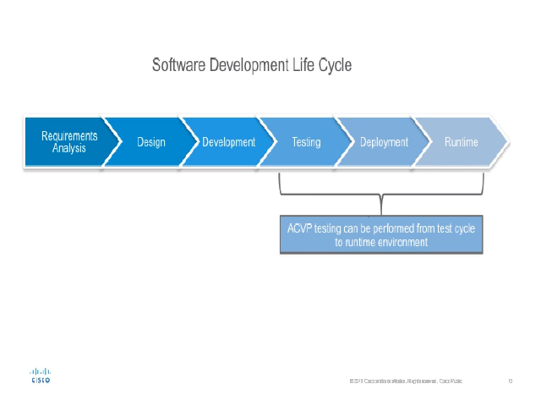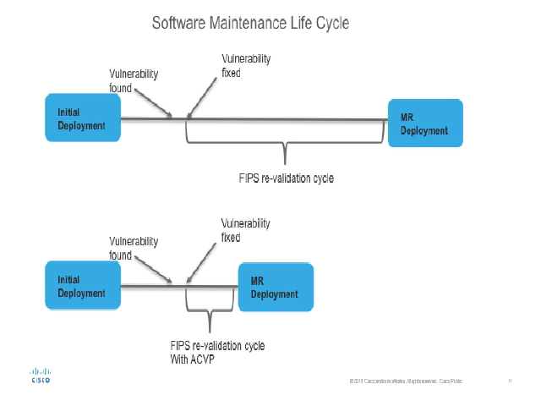But then it gets integrated into the products, and we want to be assured that the integration team has done the right thing, has not broken something, has not touched something, so we can again test at that point. Pre-deployment and deployment are things that we feel like customers would benefit from, and for future runtime testing would be great.